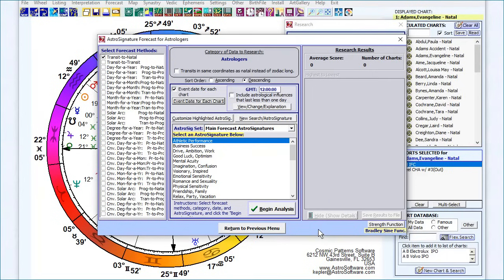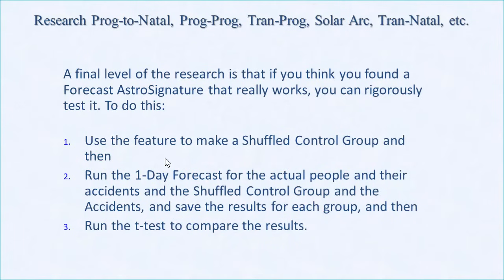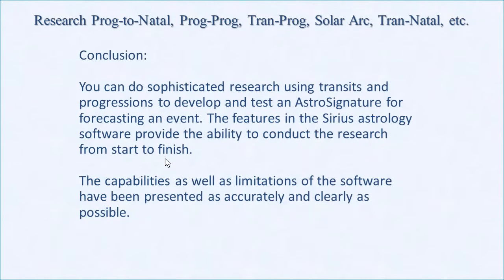So the conclusion that I wanted to share with you is that you can do sophisticated research using transits and progressions. And you don't need to take it all the way to the end. Just by seeing what's going on with the progressions and transits, you can see if it makes sense.